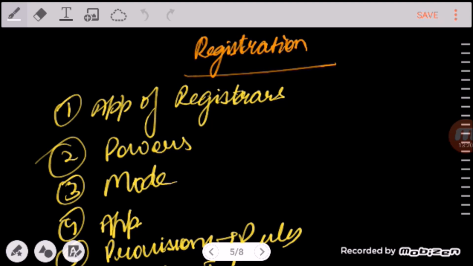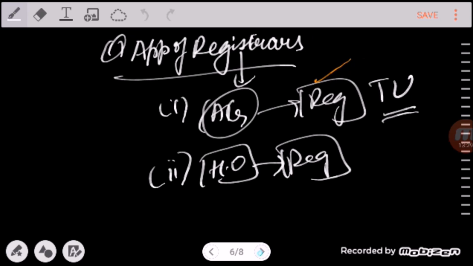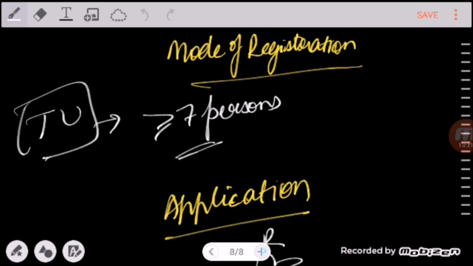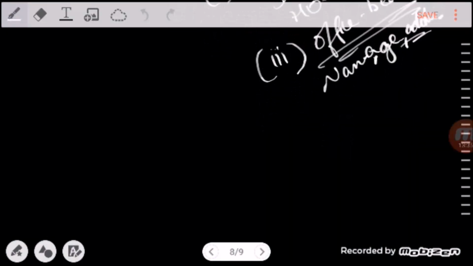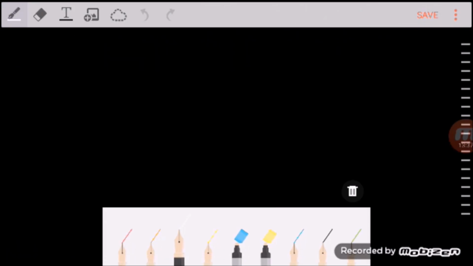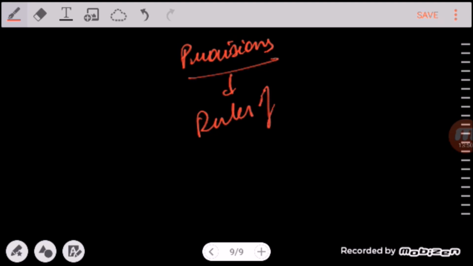Now we'll discuss the provisions to be contained in the rules of a trade union. What provisions must be contained in the rules of a trade union?